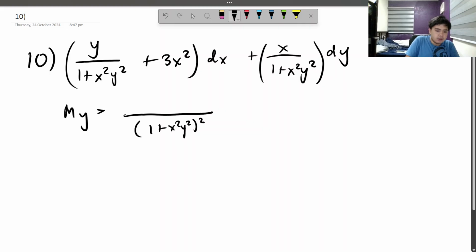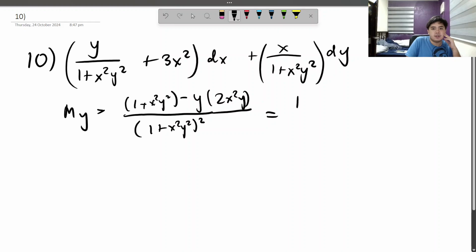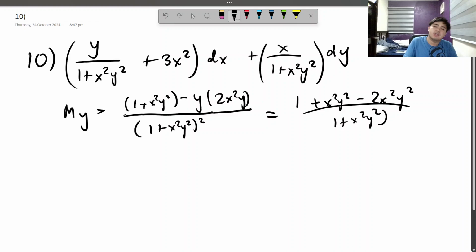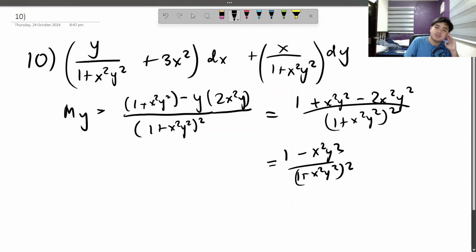Derivative of the top times bottom, so 1 plus x squared y squared, minus top times derivative of bottom, which is 2x squared y, equals, this is 1, 1 plus x squared y squared minus 2x squared y squared over 1 plus x squared y squared quantity squared, or 1 minus x squared y squared over 1 plus x squared y squared quantity squared.